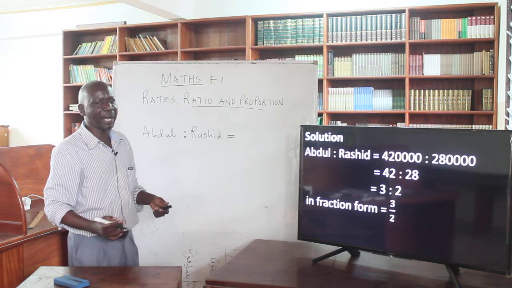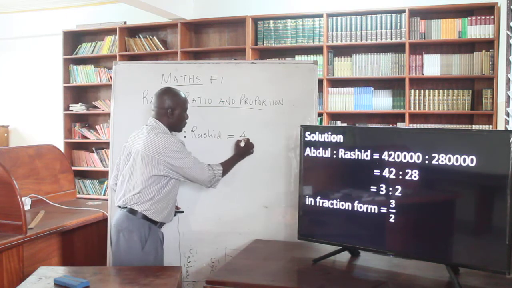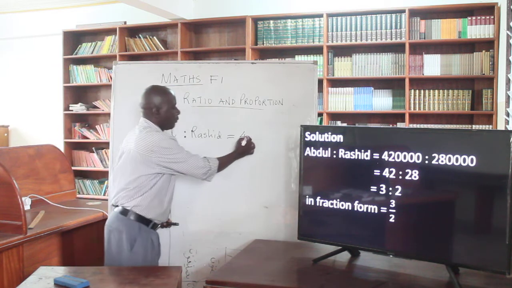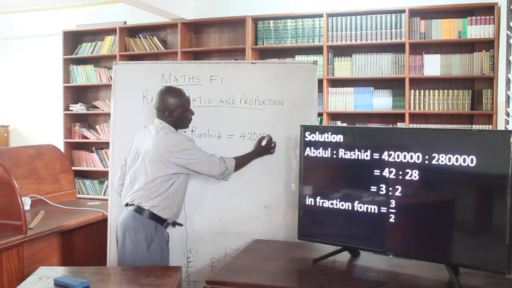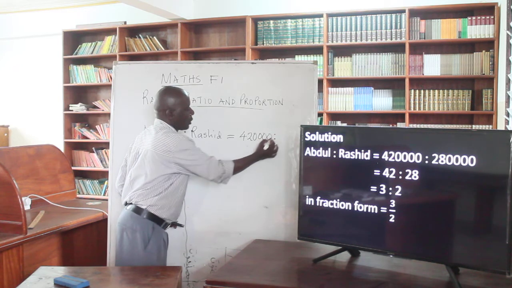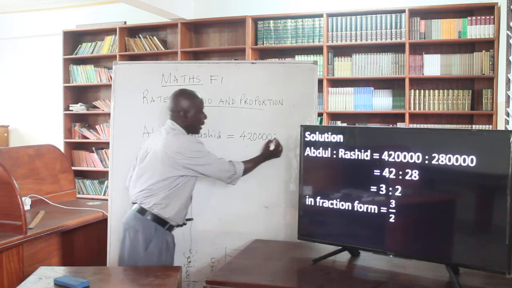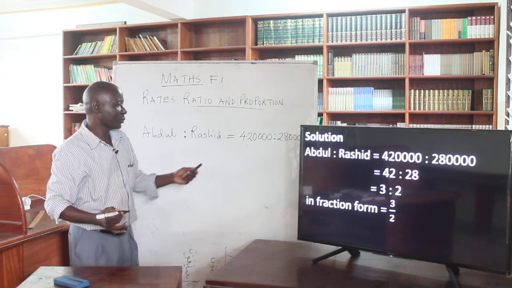Abdul's money in the bank is 420,000, so we put that at the beginning because we have started with Abdul. Then Rashid's money in the bank is 280,000, and we put that next.